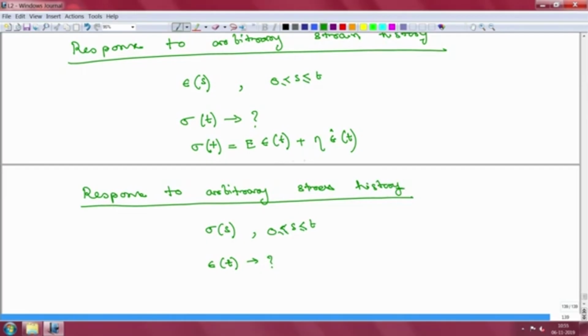To do that, we realize that what we have to solve is basically the same thing, a linear ordinary differential equation, which is non-homogeneous. So once again we will need an integrating factor.